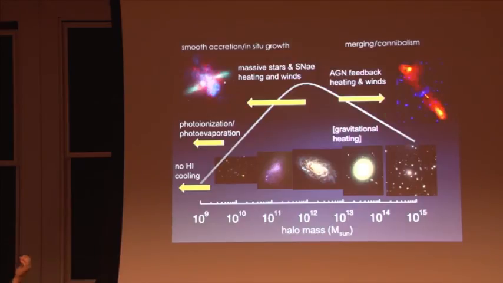Up here, because of the shutoff of the cold gas supply, you have this merging hierarchy that we saw before, but now we're merging dissipationless, purely stellar objects. And so that has a very strong effect on the morphology and the structures of those galaxies. So this picture, as I said, can qualitatively account for a lot of these different correlations.